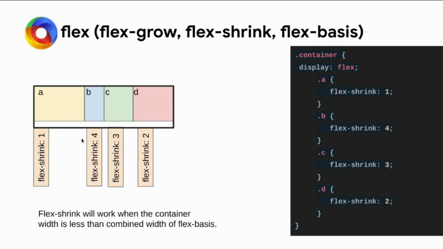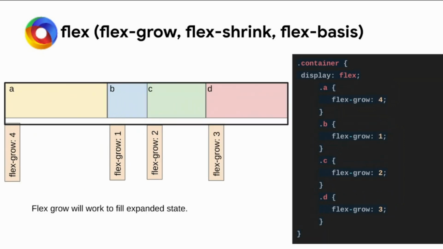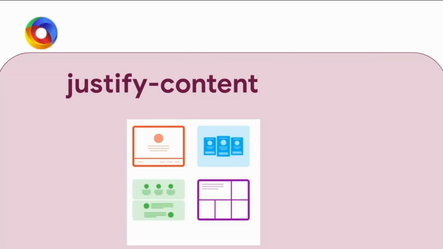So if I put shrink 4, it will shrink 4 times more when the container size is less than the combination of flex basis. In the same way, 3 means it will shrink 3 times the flex shrink of 1. The greater the proportion, the more it will shrink, and for grow, the greater the proportion, the more it will grow. So it is the logic of just proportions. Any doubt till here?